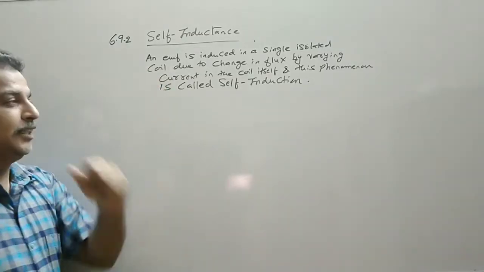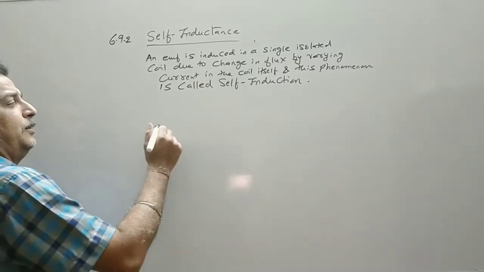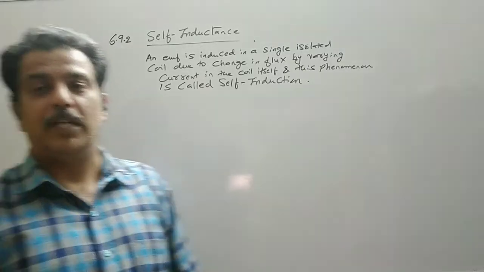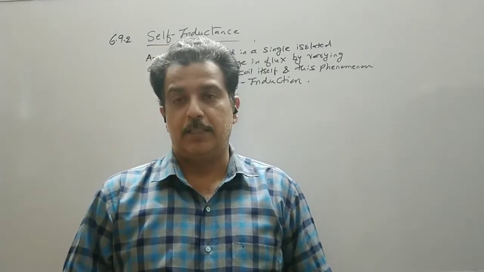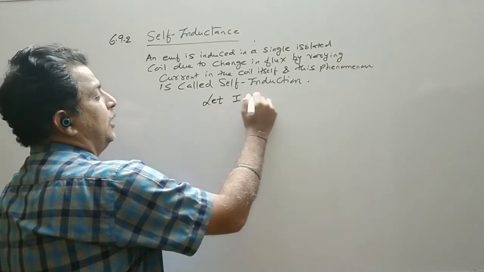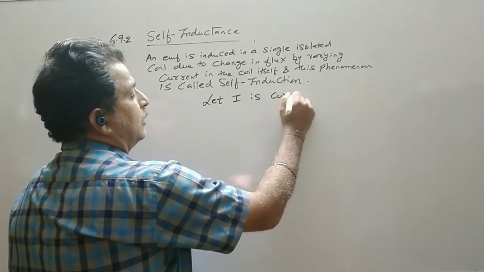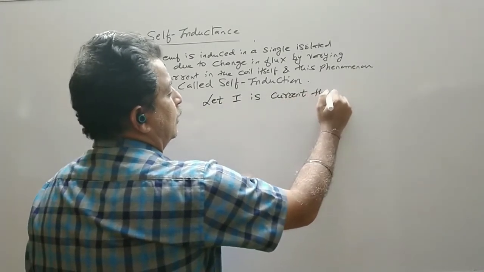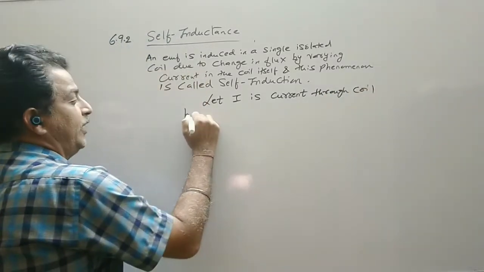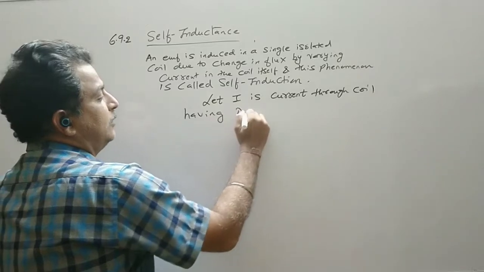Now to understand this, let us consider a single isolated coil. So now there is no subscript like phi1, I2 like this. So let I be the current through a coil having N turns.